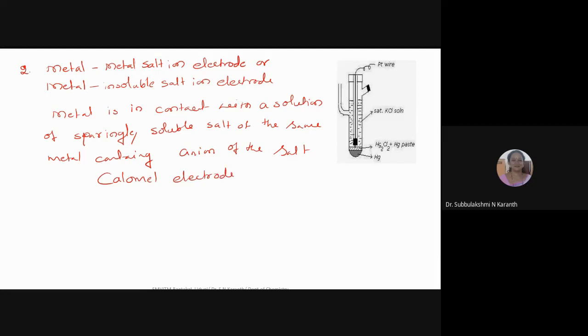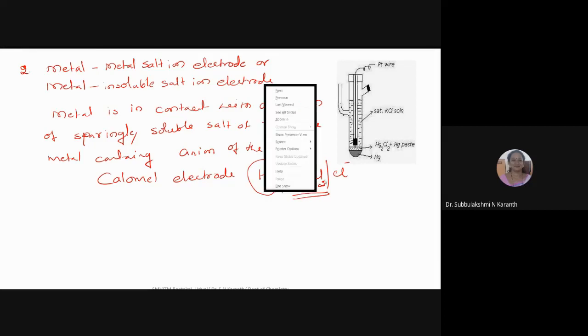In the calomel electrode, mercury is present, which is in contact with mercurous chloride. This mercurous chloride is a sparingly soluble salt. That means a metal, mercury, is in contact with a sparingly soluble salt of the same metal, containing the anion of the salt.